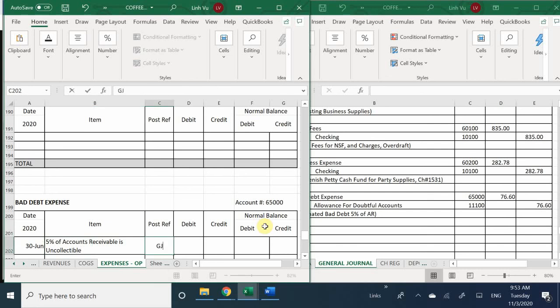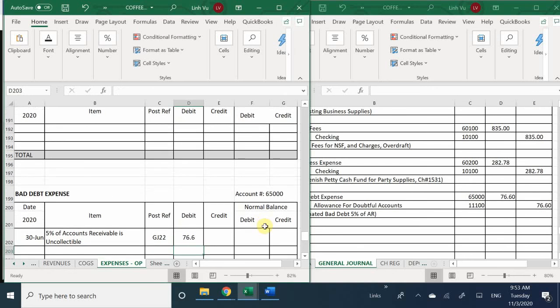General journal 22, and we're debiting our account for 7660, right? And we know that's our first balance here for 7660.